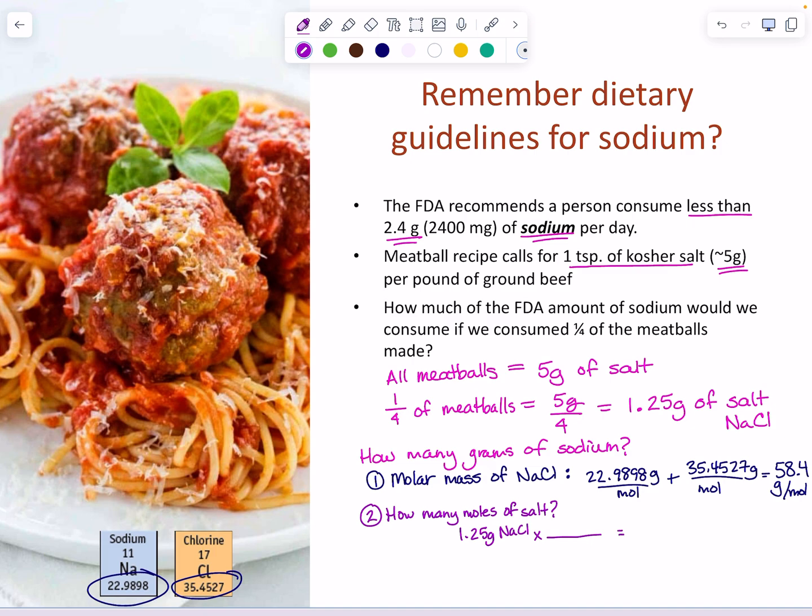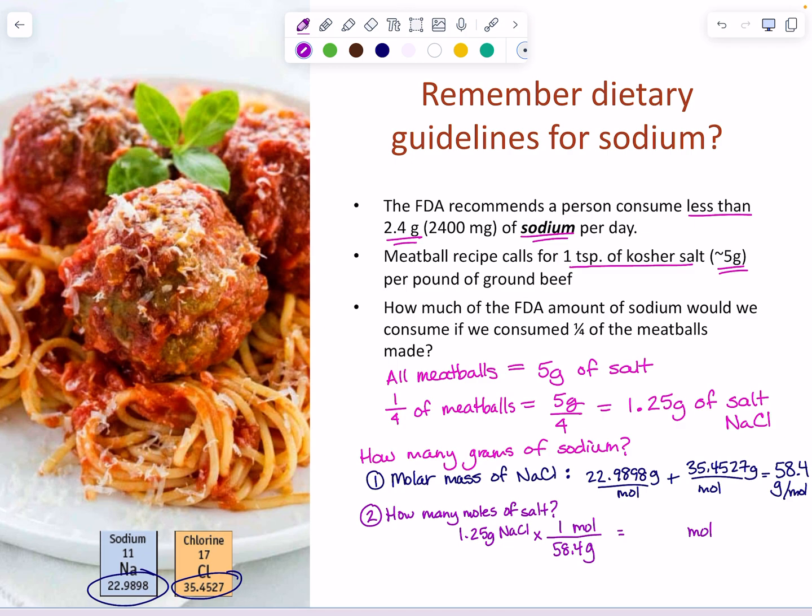So I want to wind up with units of moles, right? So what unit is going to be on the top? Mole. What number is going to be with it? 1. And then my 58.4 is going to be on the bottom. Okay?